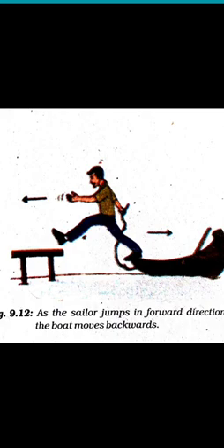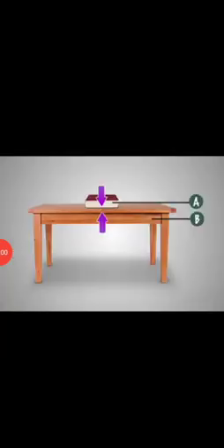We can see some more applications of Newton's third law of motion. Here in the picture you see a book, that is A, kept on a table. The book exerts a force in the downward direction. The table, that is B, also exerts a force on the book, but the force exerted by the table is in the upward direction.